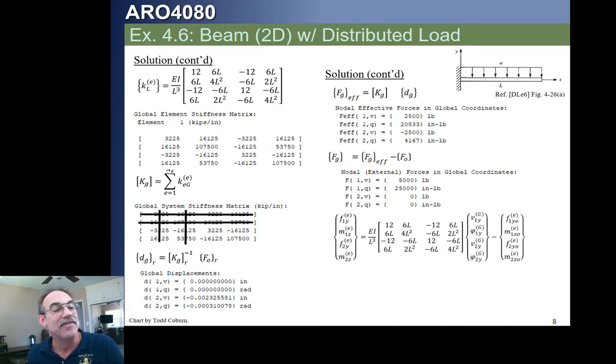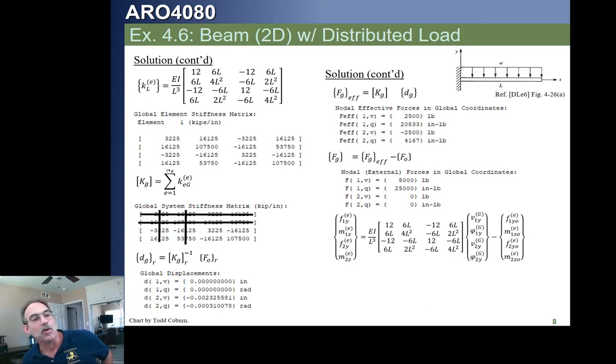Okay. And then we can use the forces at each end, those displacements at each end, and multiplied by our global element stiffness matrix to get our forces, our internal force of the element. But we have to subtract out the applied forces at the nodes as well.